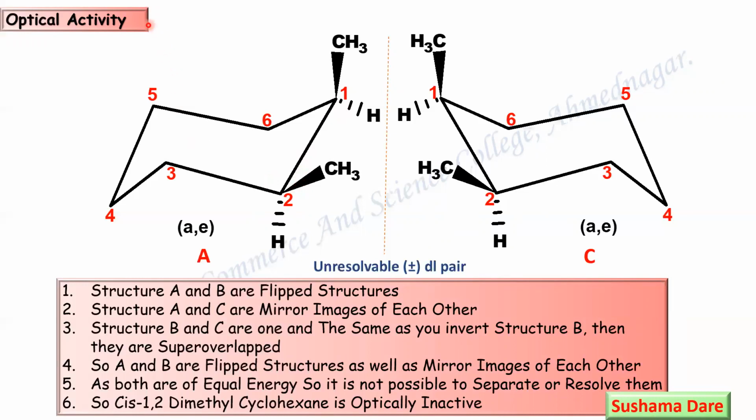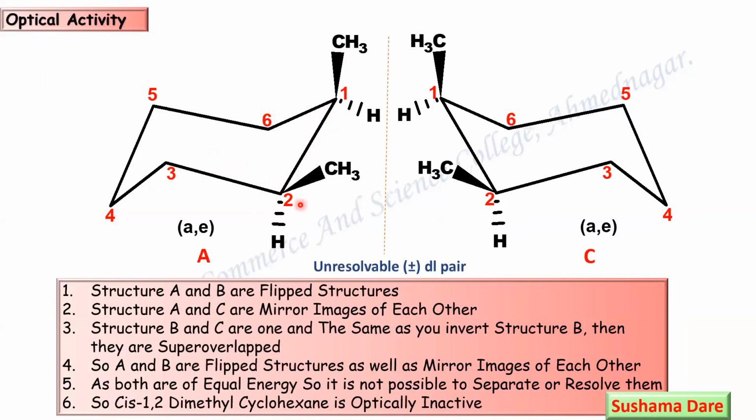So for optical activity, the first condition is fulfilled, that it has a chiral center. What is the second condition for optical activity? There should not be any symmetry elements. You can see there is no plane of symmetry and no axis of symmetry. So the second condition is also fulfilled: presence of 2 chiral centers, absence of symmetry elements.